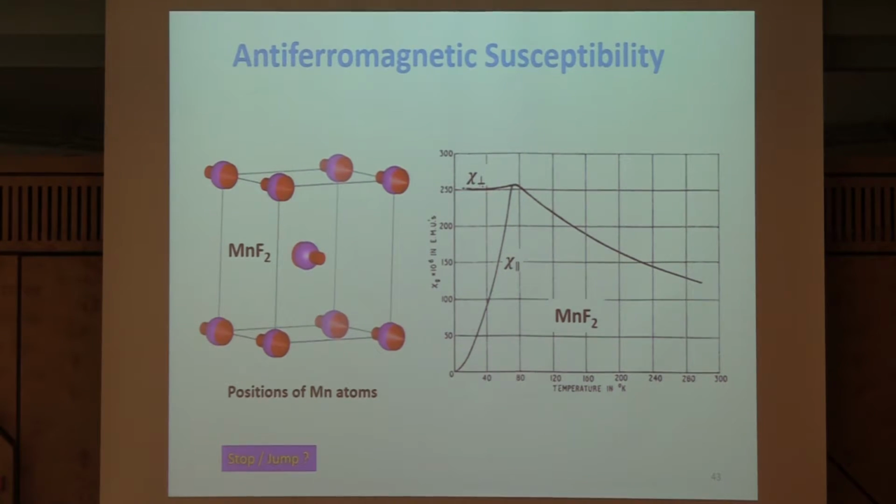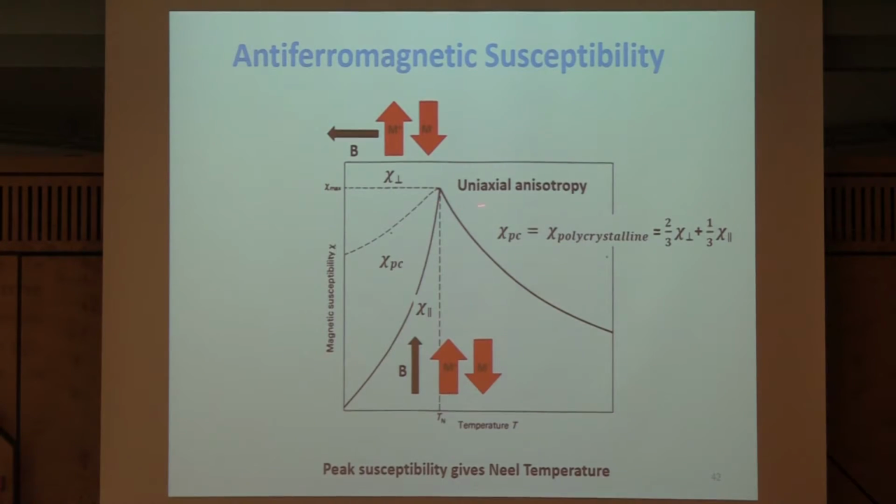So the susceptibility stays pretty flat. However, if you apply the field along an easy axis where the moment is pointing, then the susceptibility drops all the way down towards 0.